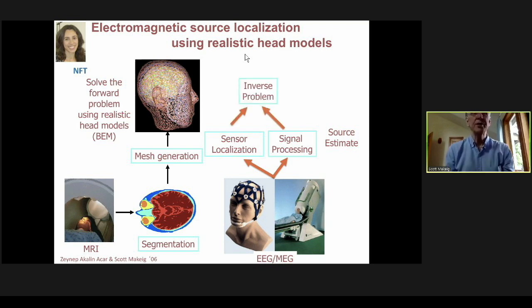An inverse problem is a map or a set of maps of scalp activity for which you want to ask the question, what cortical source activities are producing these?